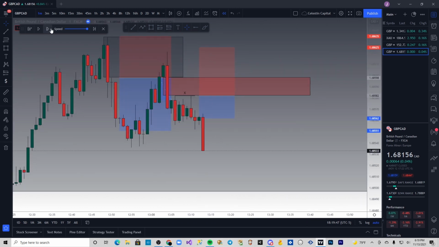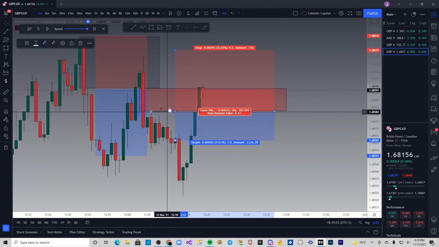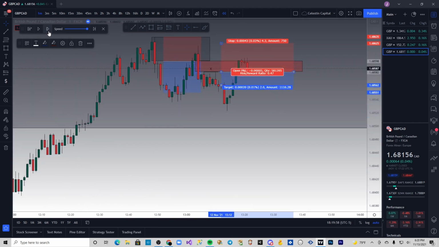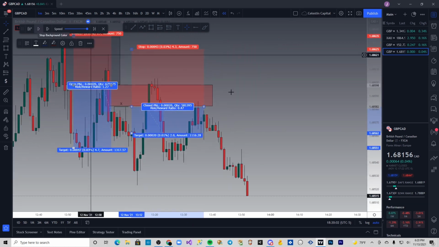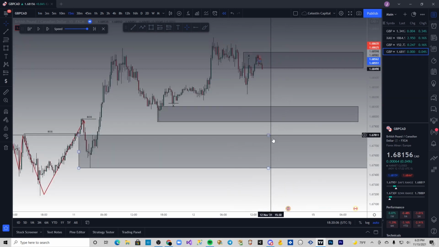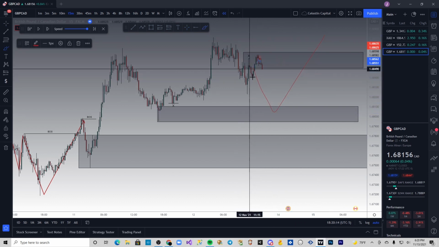So let's see. The market taps us in at the same time liquidating these equal highs and filling in the imbalance before, as you can see, continuing to the downside. And my target over here was this demand zone right here, or this demand zone down here.